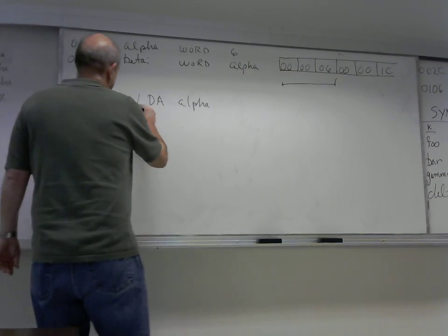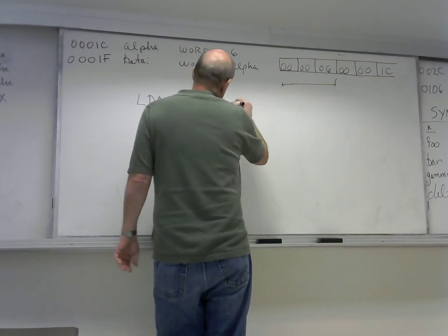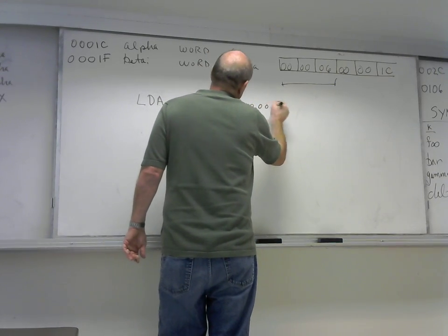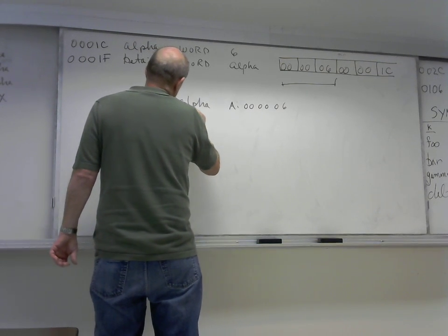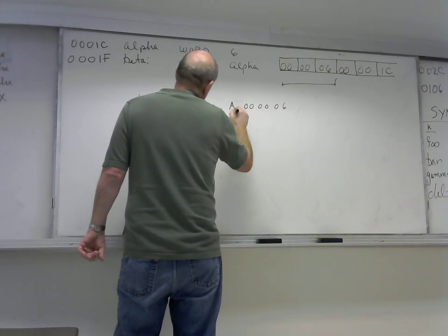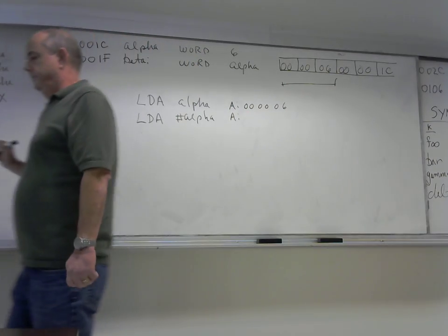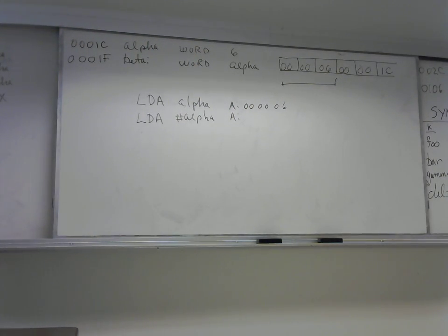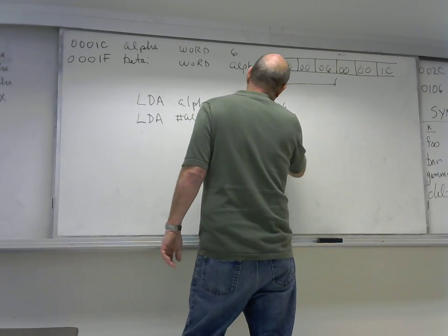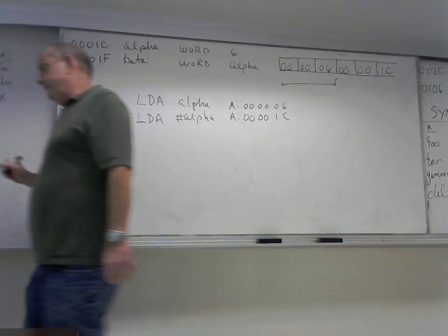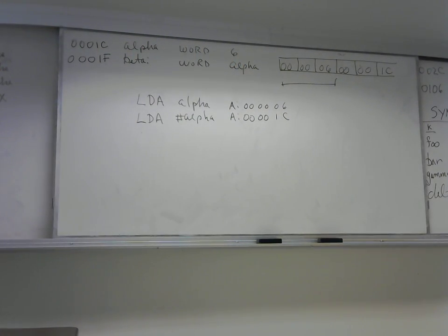What about LDA #alpha? What is in register A? The address of alpha. Now sometimes we're writing 5 digits, sometimes 6. Words are 6 digits, I'm sorry. However, in format 4, the address is 5 digits.